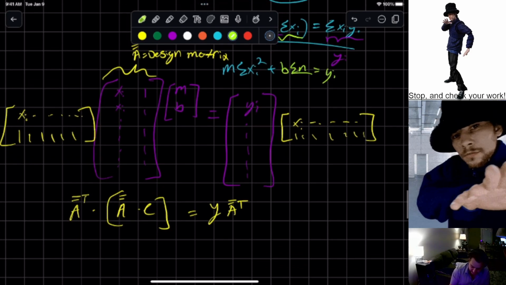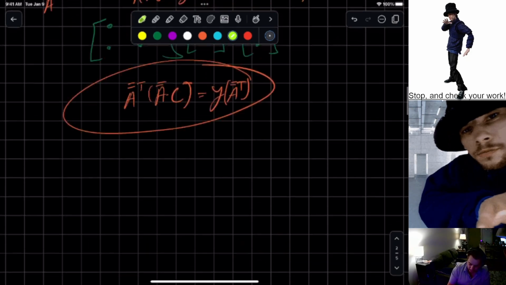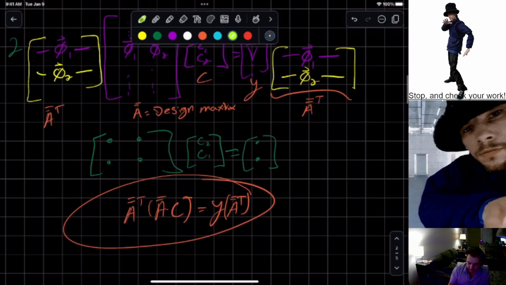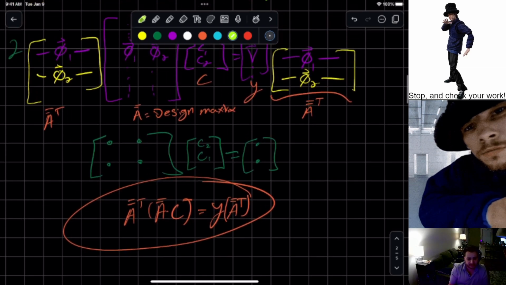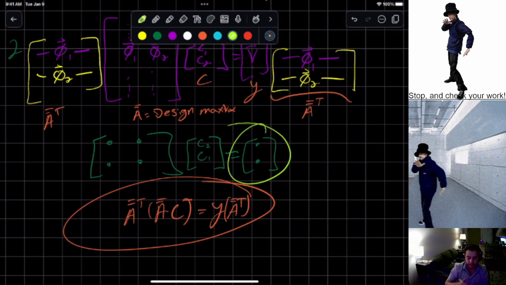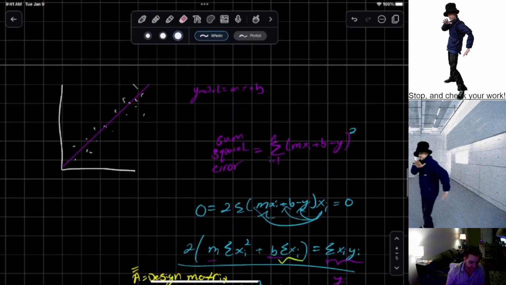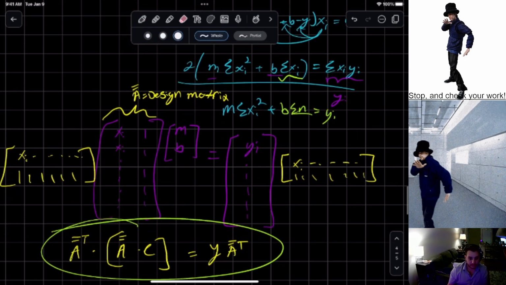We actually get our design matrix, which matches up perfectly with this one, right? Because once we do the matrix math of it all, we get a 2 by whatever, multiplied by a whatever by 2, that's 2 by 2, by a 2 by 1, and that gets us a 2 by 1. Again, at the very end, or a 2 by whatever, which works out perfectly for our kind of problem.